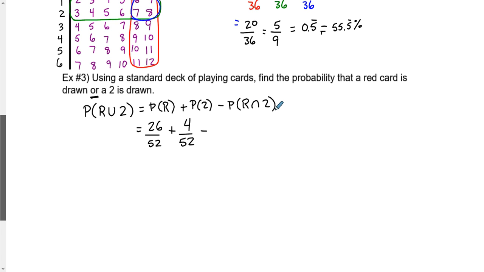Well, you have the 2 of diamonds and 2 of hearts. There's only 2 of them. So that all works out as 28 out of 52. Once again, I can divide by 4, so I get 7 out of 13. Let's leave it as a fraction, and you can have some fun.